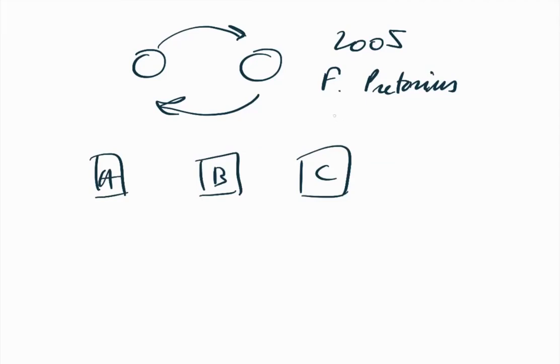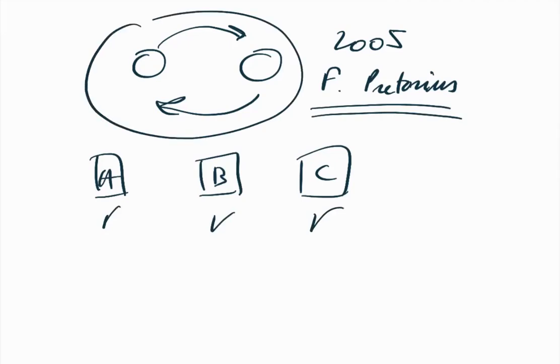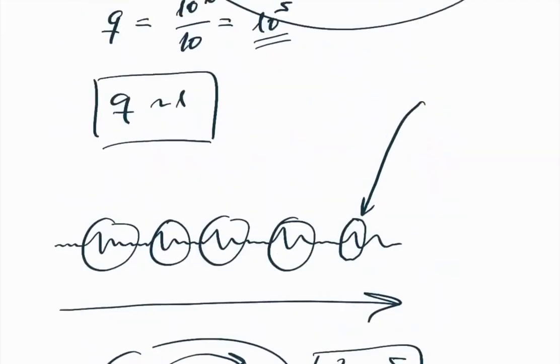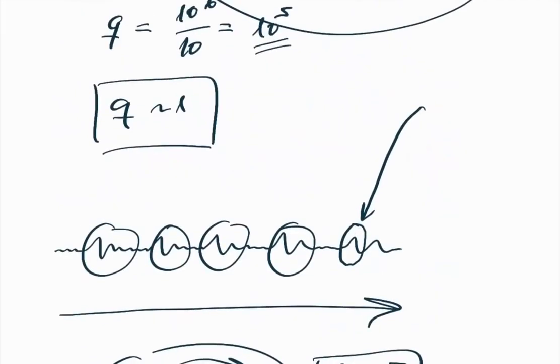And with the new idea of Franz, all of them, A, B, and C, were able to solve the two-body problem from a numerical point of view, which is why some people call 2005 the golden year of numerical relativity. So it took us decades to solve one of these small peaks.